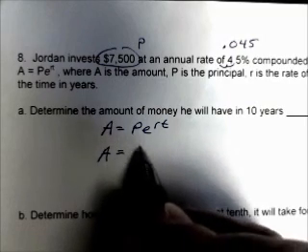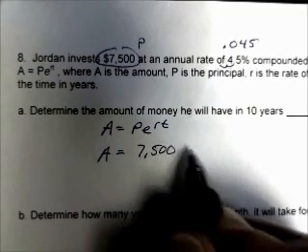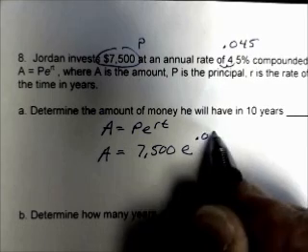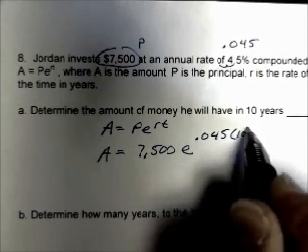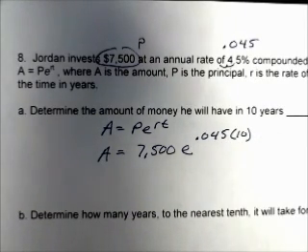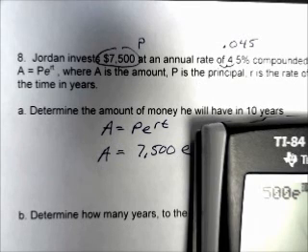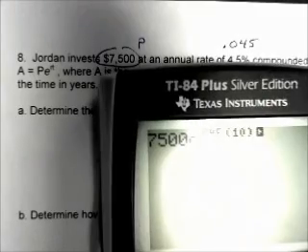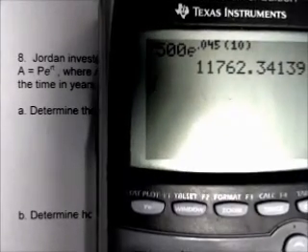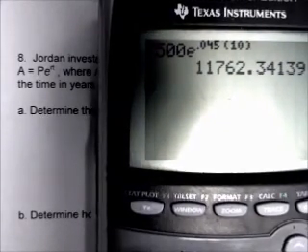So A equals 7,500, e to the 0.045 times 10. Go to our calculator, 7,500, e to the 0.045 times 10. $11,762.34.